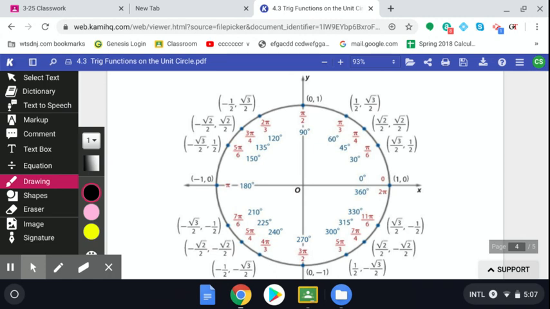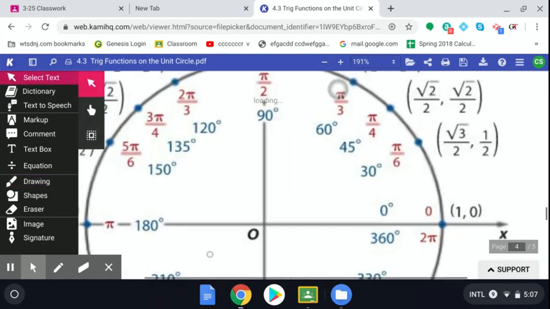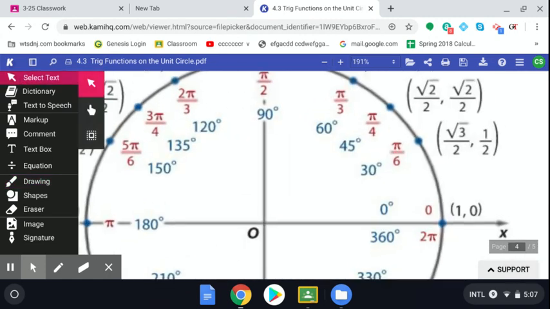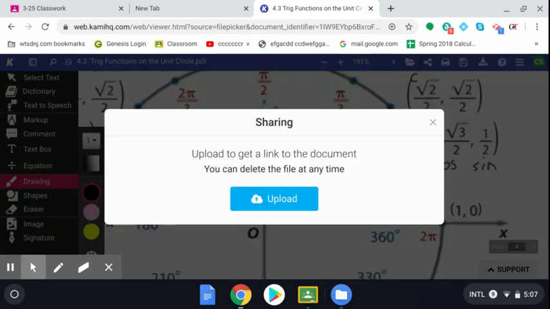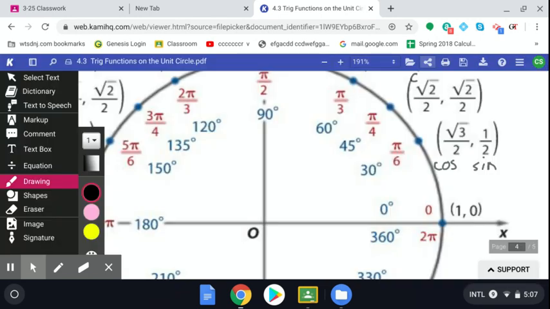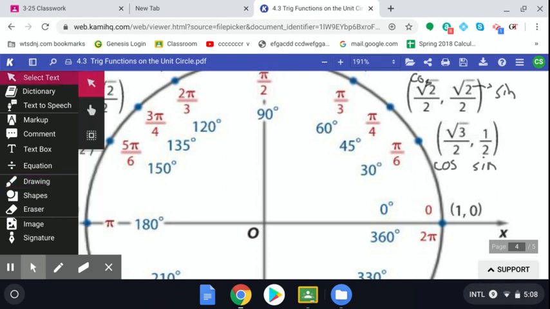And here are the coordinates, which means this one here is going to be cosine, and this one is sine. Okay, x is cosine, y is sine.